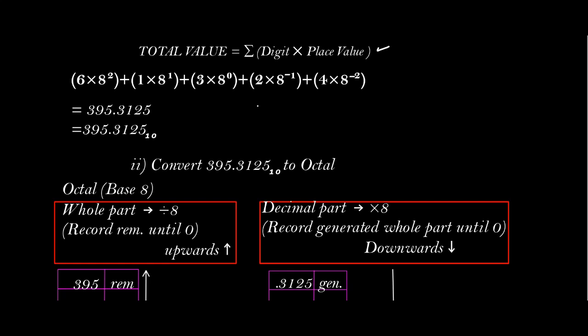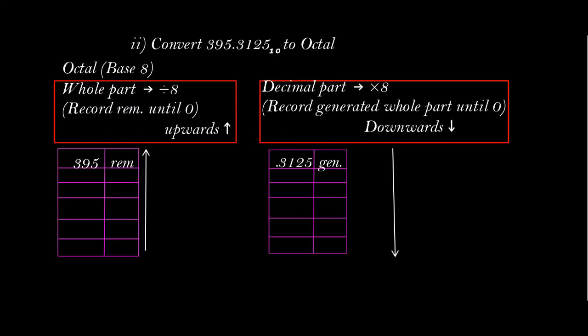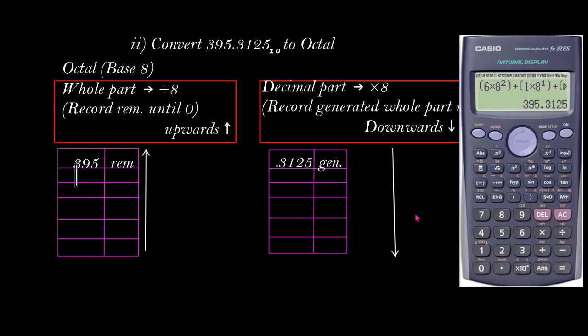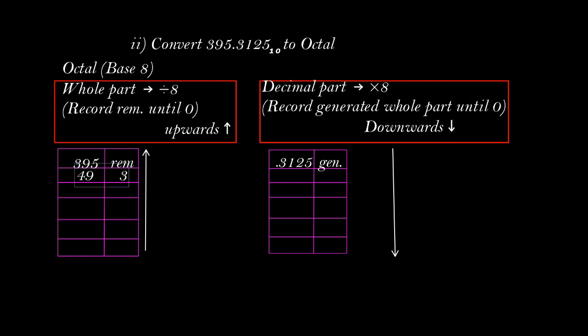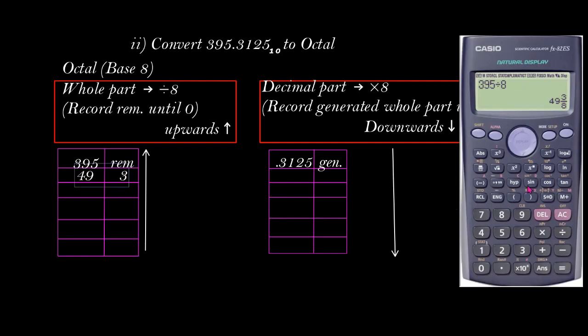So we start with the whole part, we have 395. The decimal part we have 0.3125. Let us start by converting 395. Remember, 395 is to base 8, meaning we divide by 8 until we get 0. If you divide 395 by 8, you'll get 49 remainder 3.